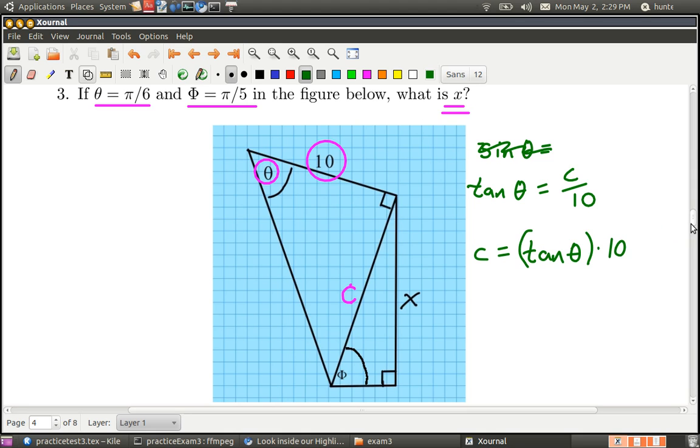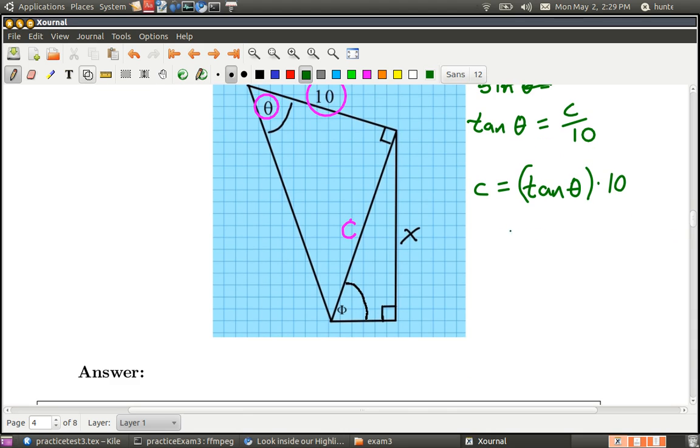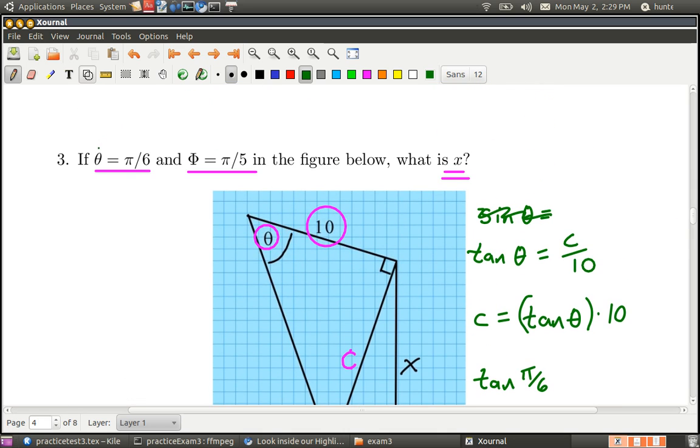That turns out to be equal to a certain number, which I know, but let's figure it out together. We need to know what tangent of pi over 6 is, because the problem tells us that theta is pi over 6.